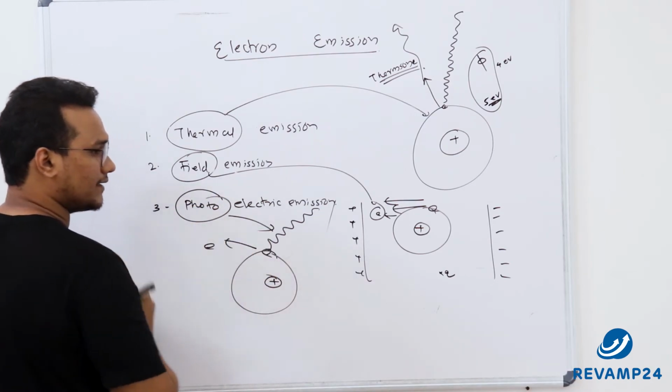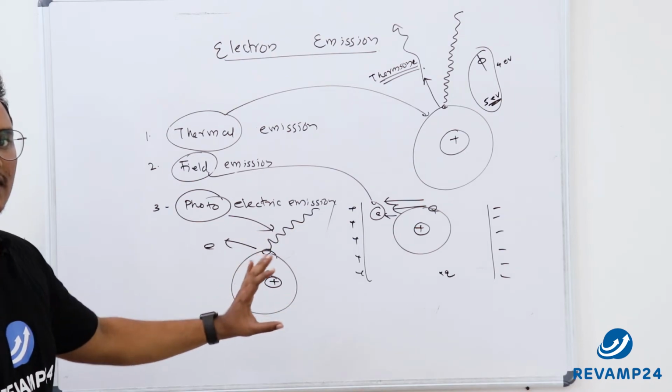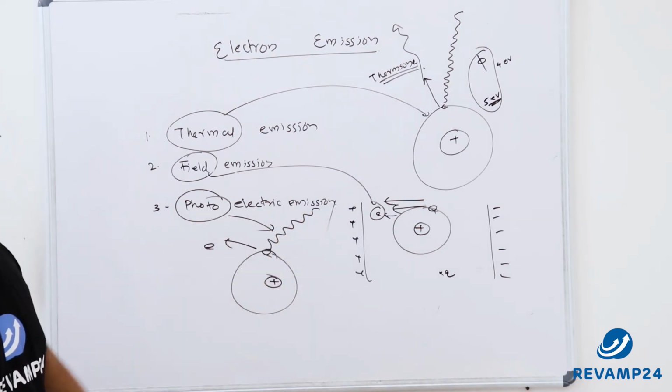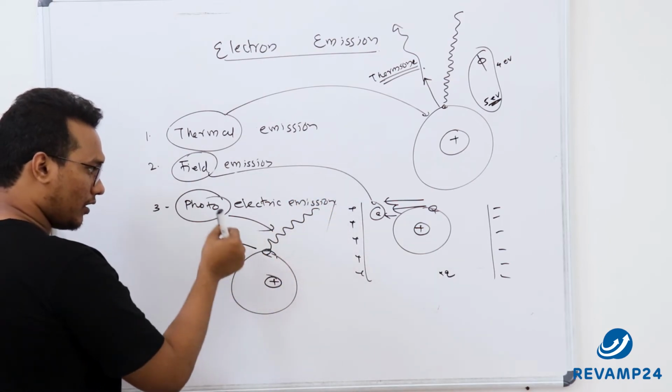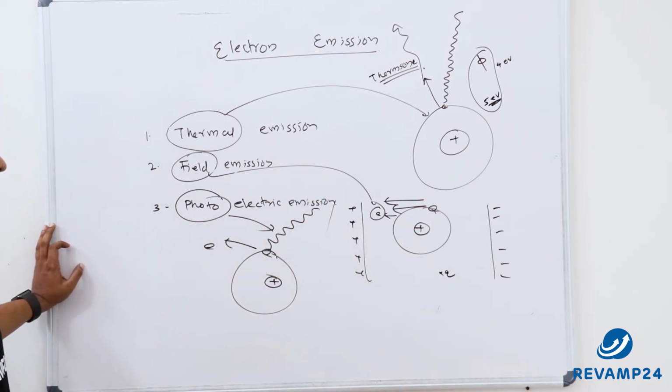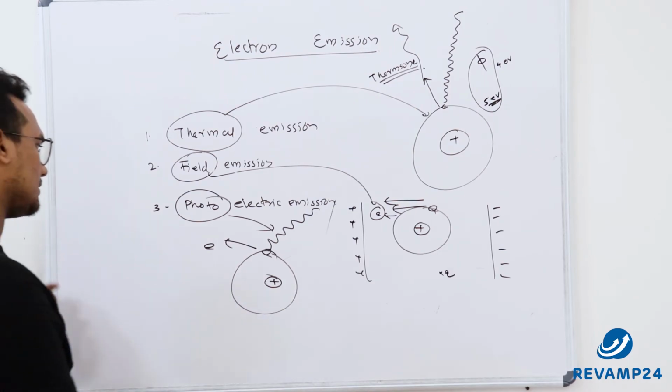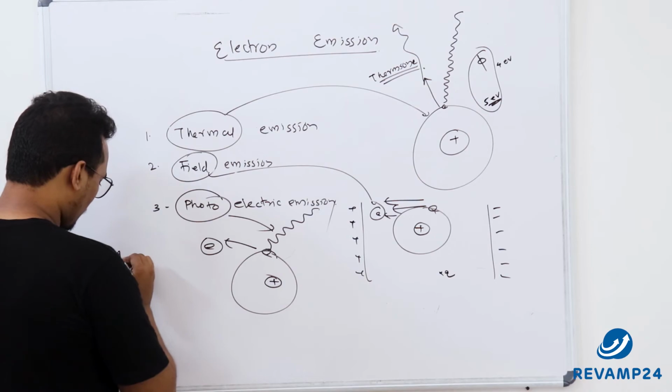Photon is nothing but light. Only light having sufficient energy will make this possible, not all light. This process is possible with the help of energy carried by the photon. These electrons are termed photoelectrons.